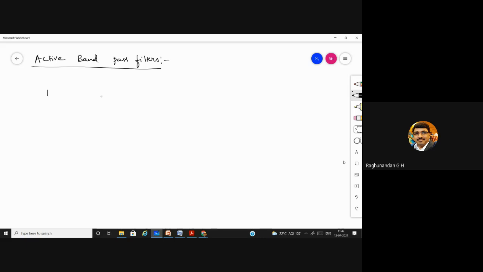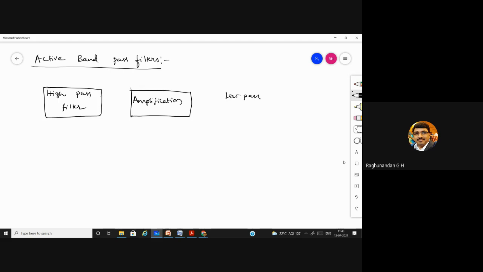The block diagram will look like this: high pass filter, amplification, low pass filter, V in, and this V out.